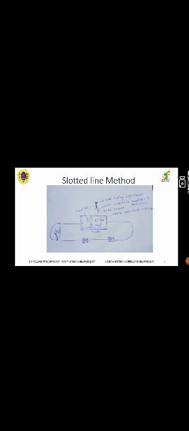In this diagram we know there is a probe which projects through the slot, and the standing wave pattern is obtained by moving the probe along the carriage and observing the resultant variation in the crystal detector output. The probe in the slotted coaxial cable is moved and the Vmax, Vmin points are noted.